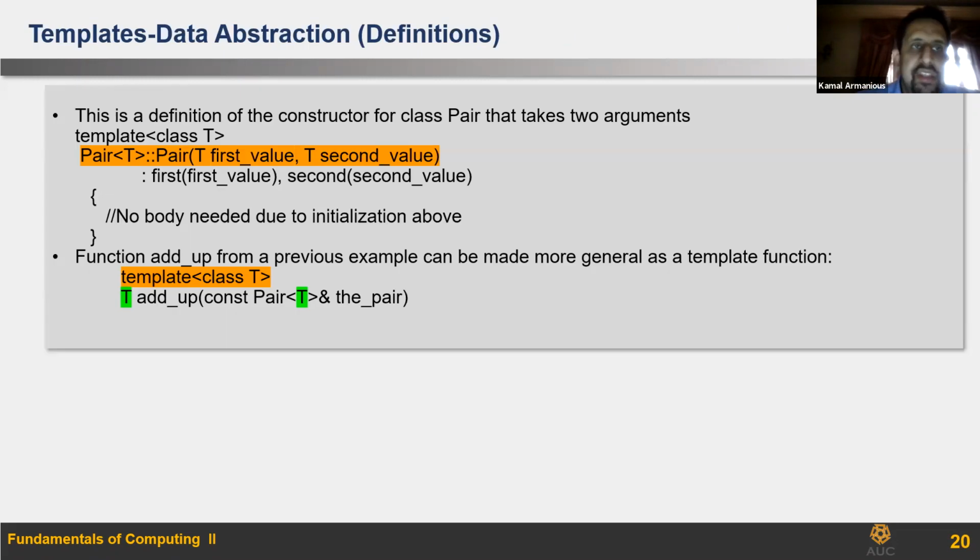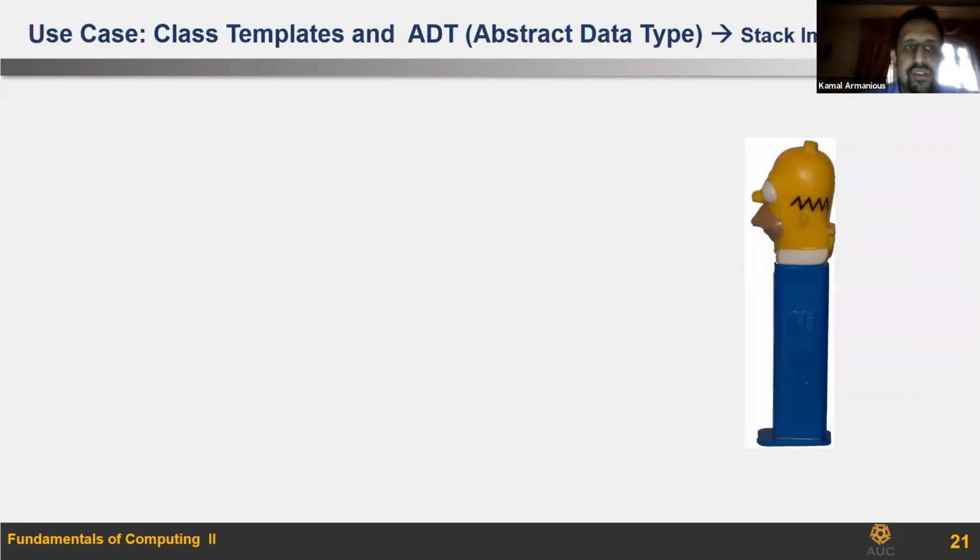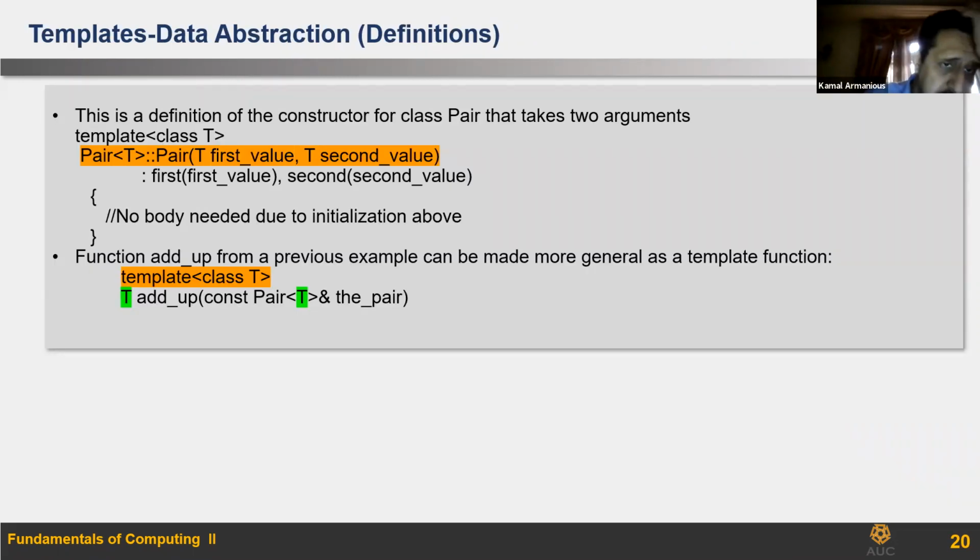Okay, so now we will have a big example, and we will apply 2 concepts. The first concept is the class template, and the second concept is the abstract data type. So remind me, someone tell me, what's an abstract data type that we took in the previous lecture?